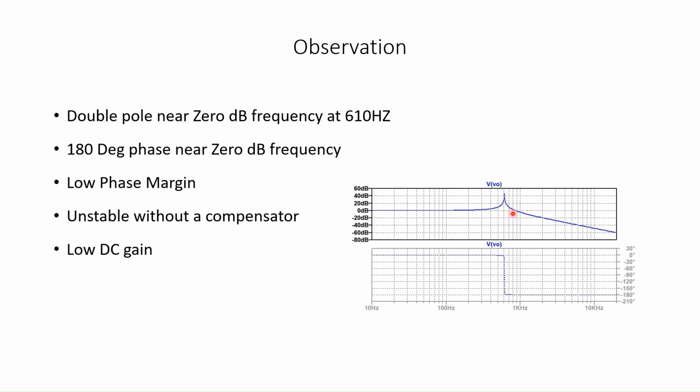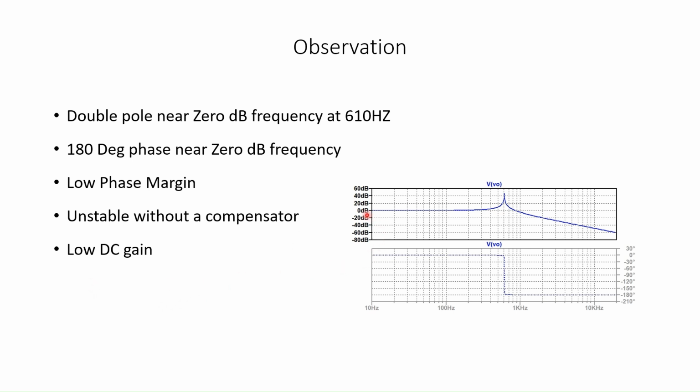Again, the phase around the 0 dB frequency is about 180 degrees. So magnitude 1, 0 dB, and phase near 180 gives a low phase margin. So the closed loop system will be unstable without a compensator.